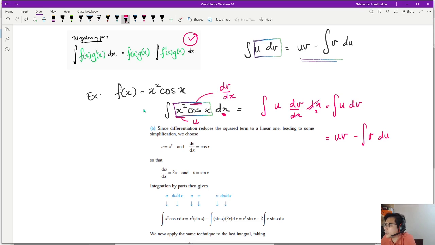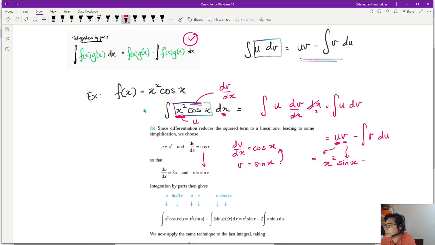So now what you need to do is substitute everything. You know that u here is x squared, just like you decided here. And since dv/dx is cosine x, v is sine x, right? If you differentiate this, you're going to get this, correct? So you just write down what v is here: sine x. That part is done.